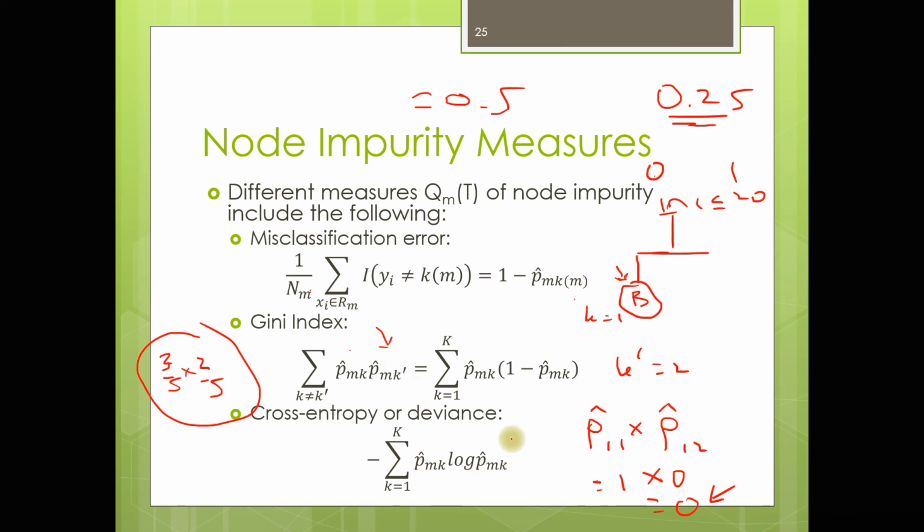It's a similar kind of thing here, but the only difference is that now we are not working with the values as they are, but we are working with p cap mk multiplied by log of p cap mk. And because the log of a proportion will generally yield a negative value, that's why you have a negative value that you will see in the formula.